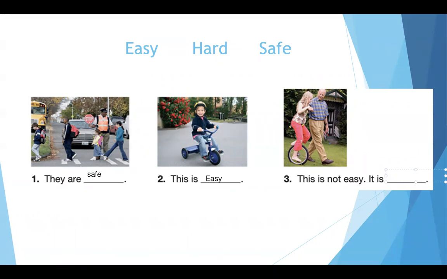So if something is not easy, what is it? We can say it is hard. So to read these examples one more time, they are safe. This is easy. This is not easy. It is hard.